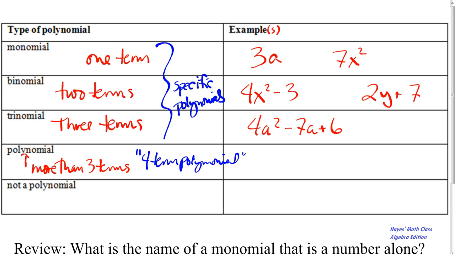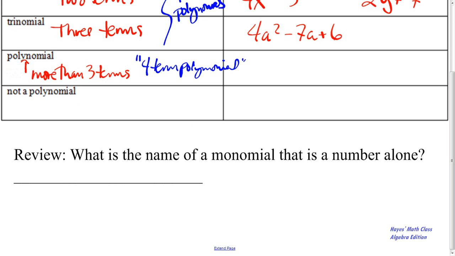Now, things that are not polynomials are things with negative exponents, or divided by exponents, which is basically the same thing like we talked about.